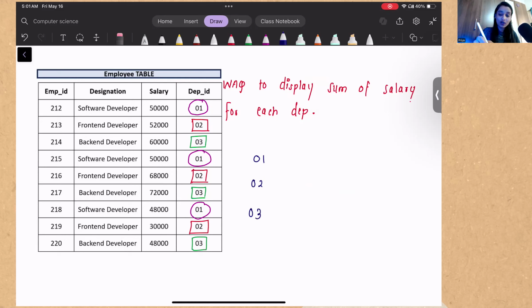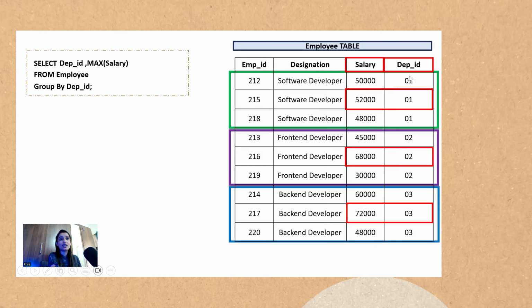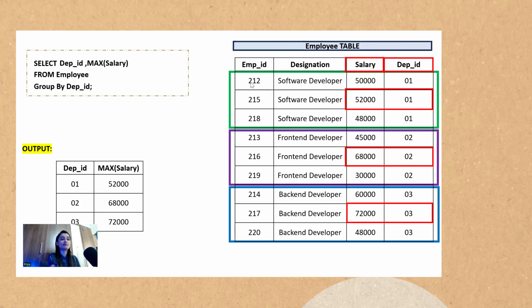So here they are telling maximum of salary. So they are telling from this group, what is the maximum salary? 52. From this group, what is the maximum salary? 68. From this group, what is the maximum salary? 72,000. So now if I execute this, you will be getting the output something like this.